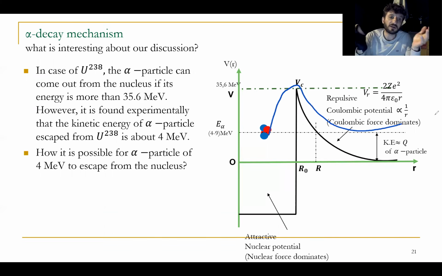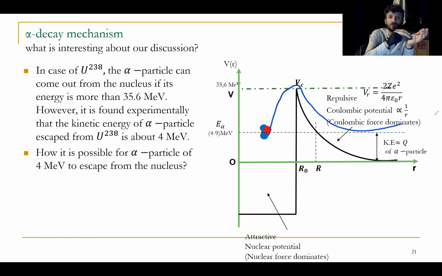But here we can ask: experimentally we found that the kinetic energy of the alpha particle in this case is about 4 million electron volt. We have a particle of 4 million electron volt, and we have a barrier of 35.6 million electron volt.